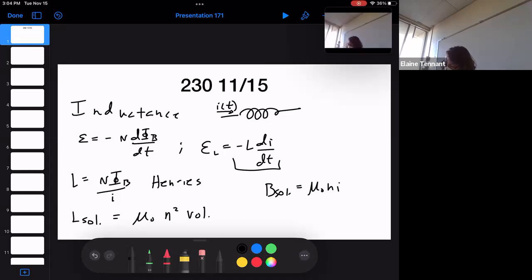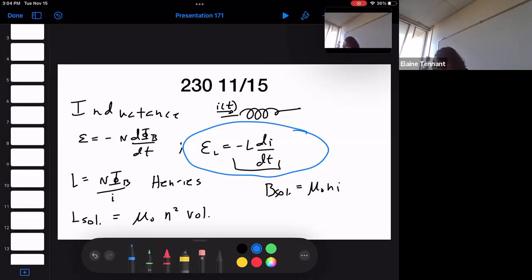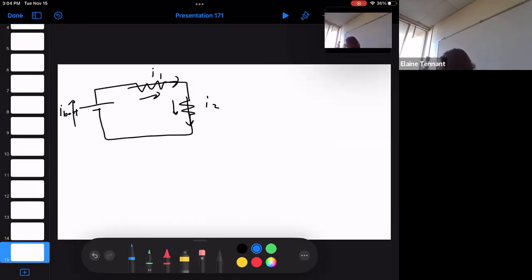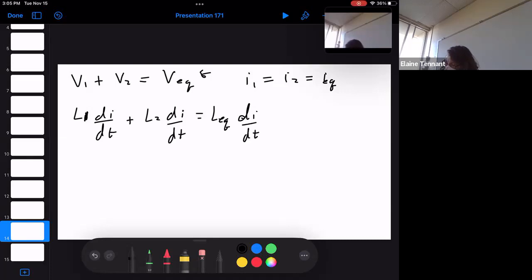Maybe we got it right there, right? Because we have the voltage equals L di dt. So let's write that down. So I have the voltage of 1 equals L1 di dt. Voltage of L, sorry, that's not Li, that's L1. L2 di dt equals the equivalent inductance, di dt.